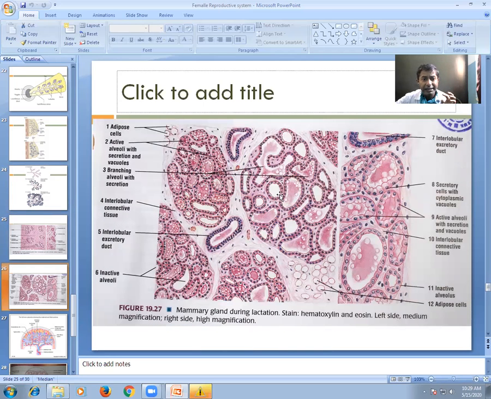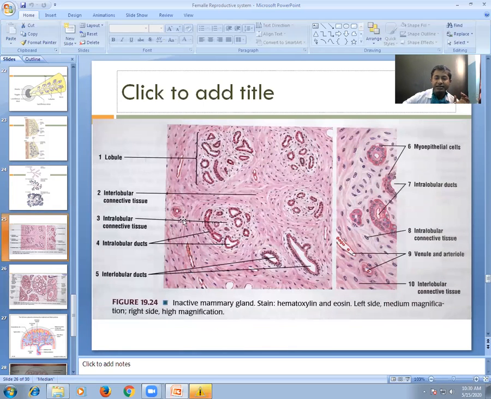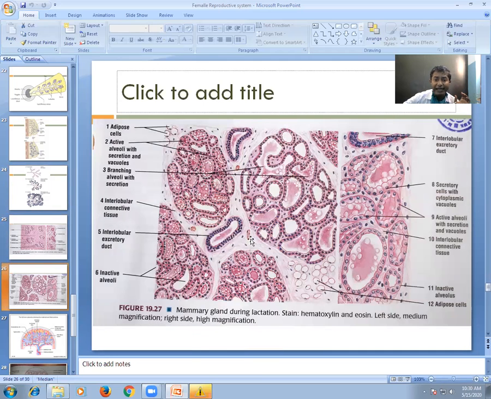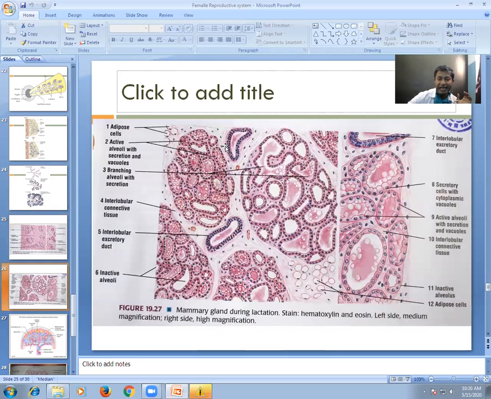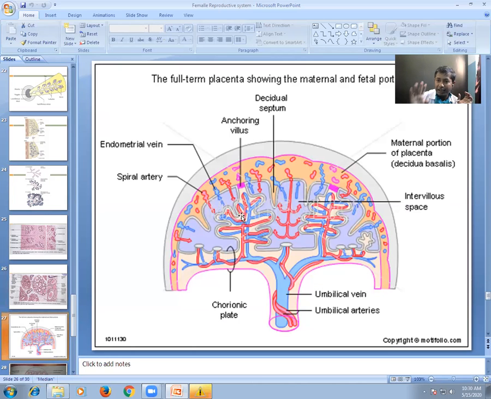Whereas active mammary gland: more glands, more alveoli, and less connective tissue. So just compare, this is the active and this is the inactive. More connective tissue, this is the inactive; less connective tissue, this is the active. Less glands, less alveoli in the inactive, and more alveoli in the active. So that's it regarding the mammary gland.